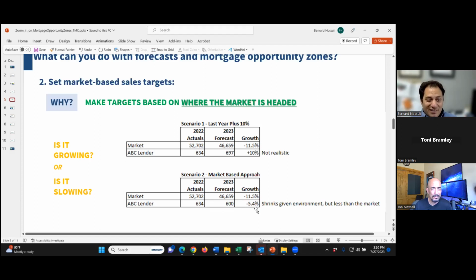But guess what? It's contracting less than what the market is. And so therefore, we would actually be picking up share. Okay, it's being able to figure out, okay, based on this current environment, what is a realistic goal? Okay, hopefully that's clear.